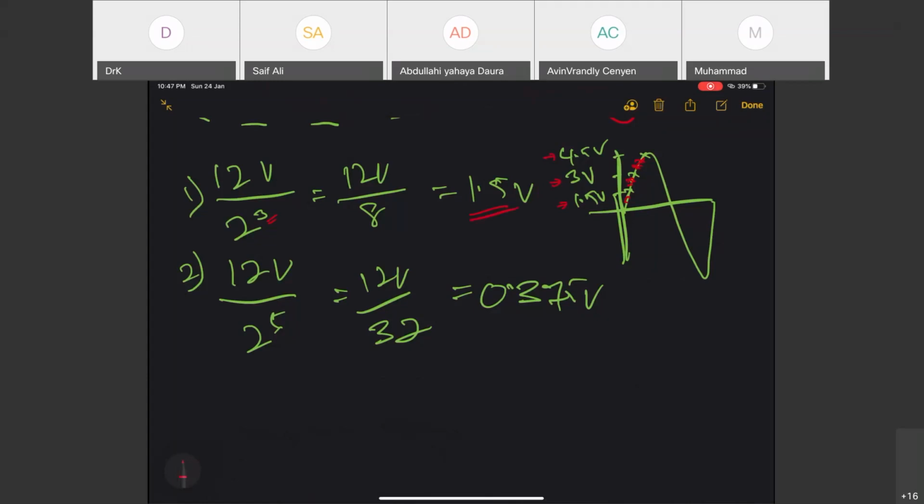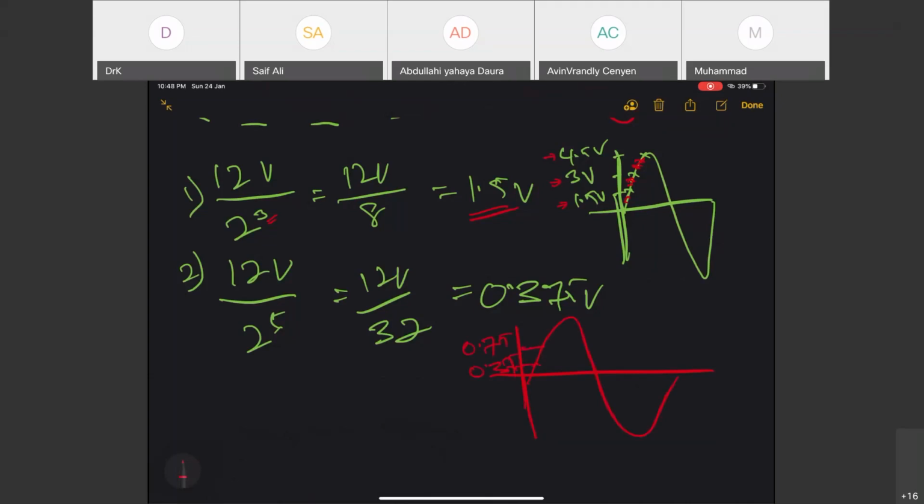So in this case, we have a lot of information loss. If you compare to this one again, at every 0.375, what next? 0.75.